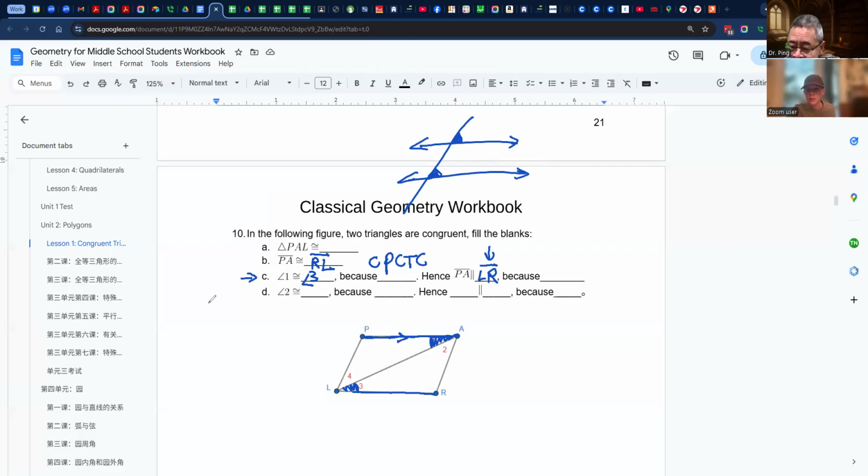Well, you got the alternate interior angles right, but they are not corresponding. They are congruent, okay? So this angle and this angle are called alternate interior angles.